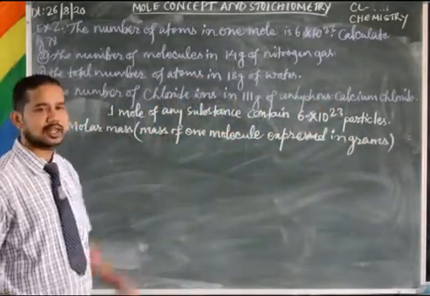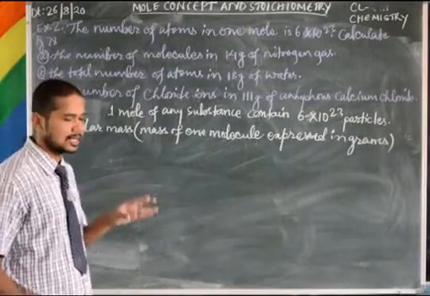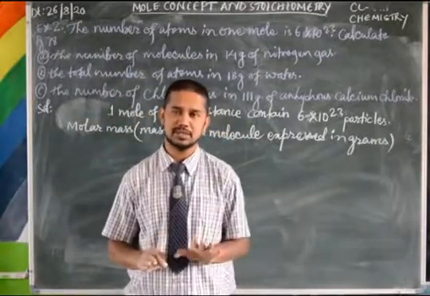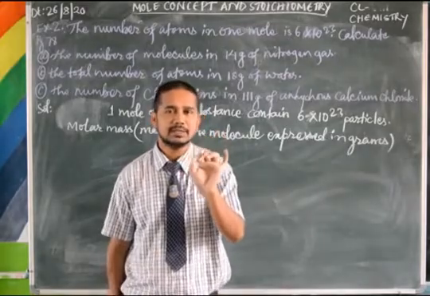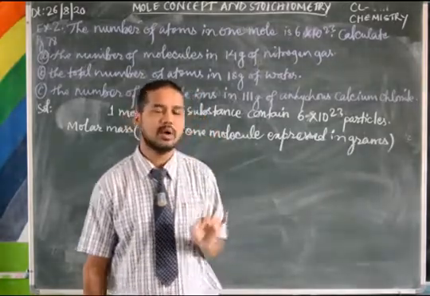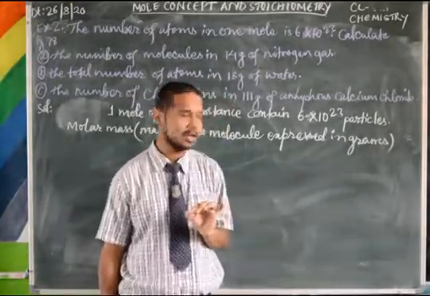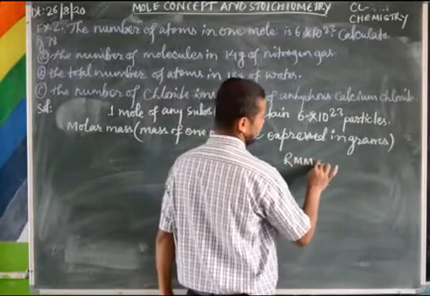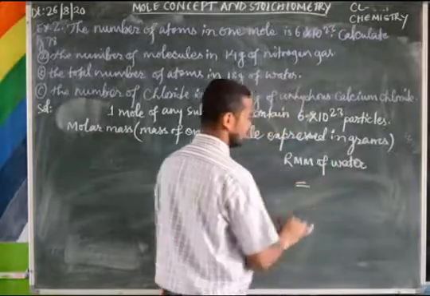Mass of 1 molecule expressed in grams. Generally molecular mass we find in AMU, atomic mass unit. So relative molecular mass of water is 18 AMU. Relative molecular mass of water.